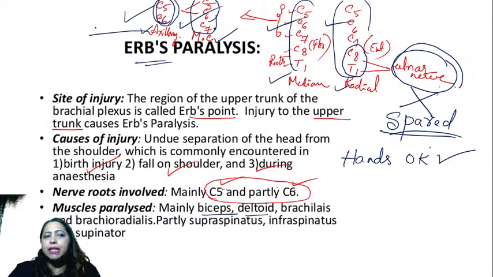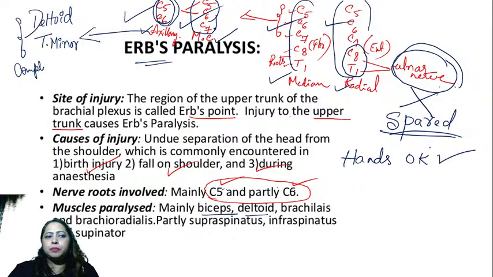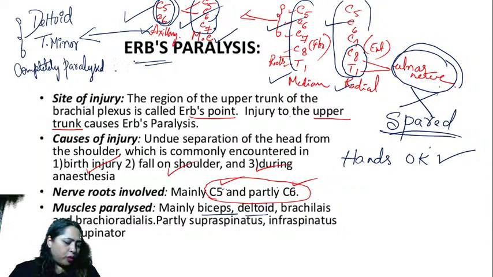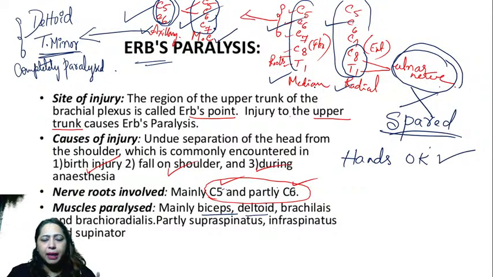What does axillary supply? Two muscles, deltoid and teres minor. These two are completely paralyzed. I hope you understood. The rest are partially paralyzed.